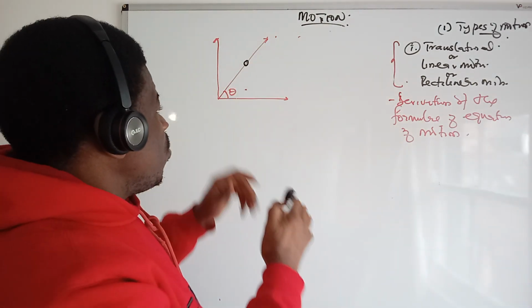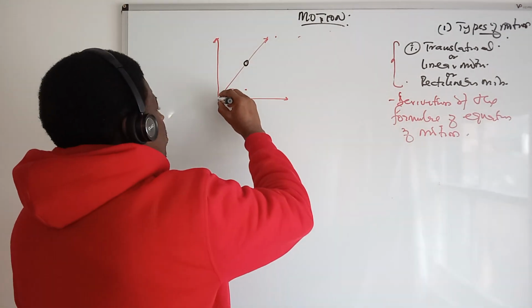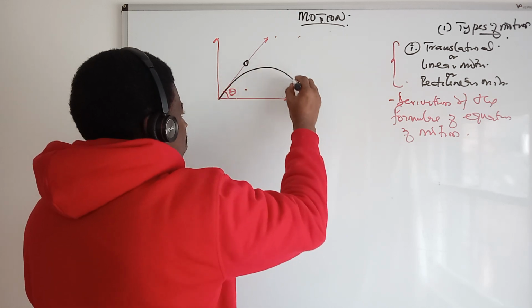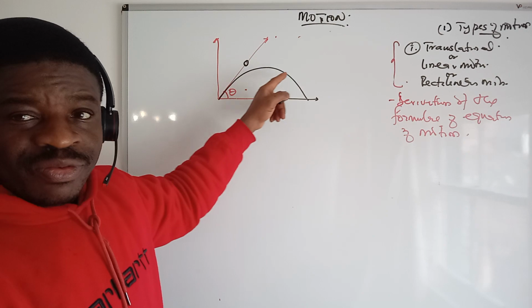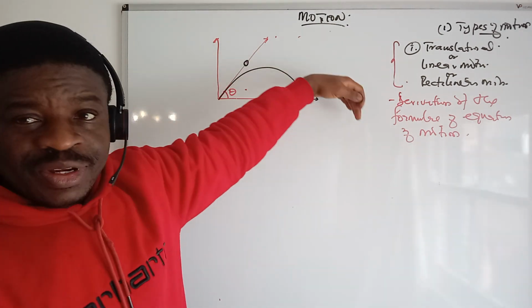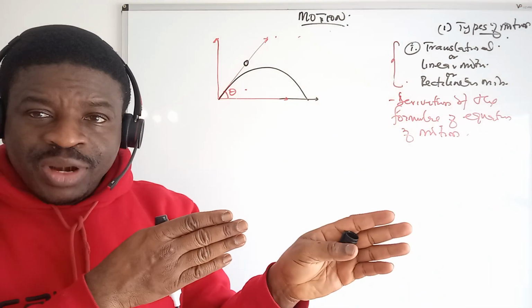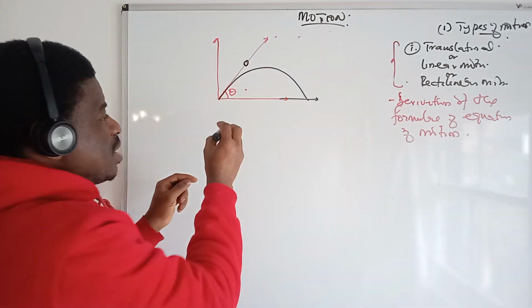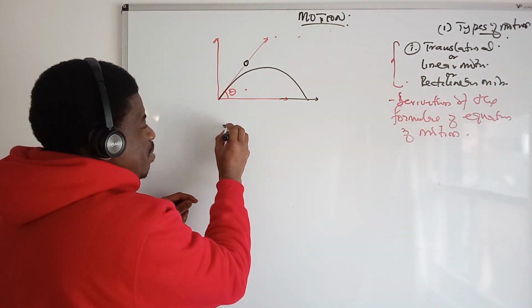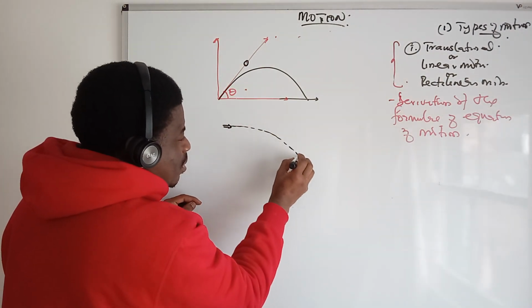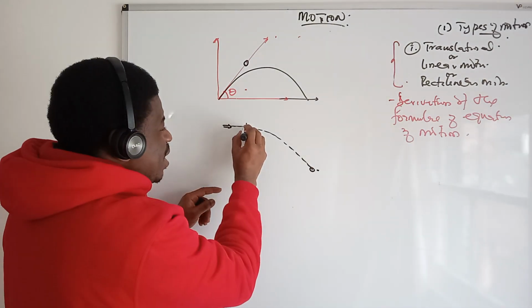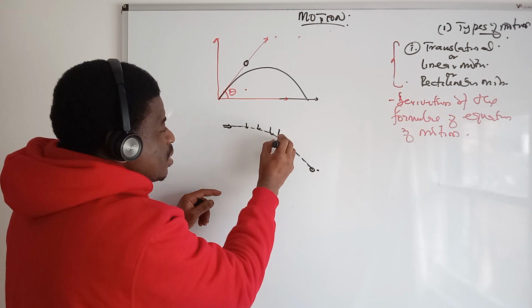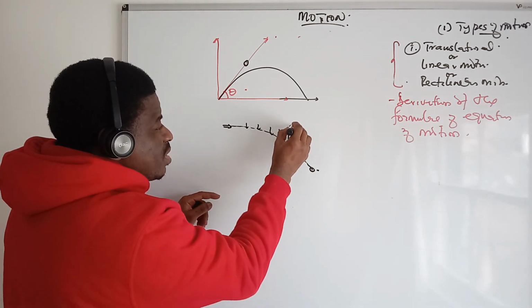So it's going to move this way. You fire a bullet, the bullet is going this way. It is going to be falling gradually due to gravity.